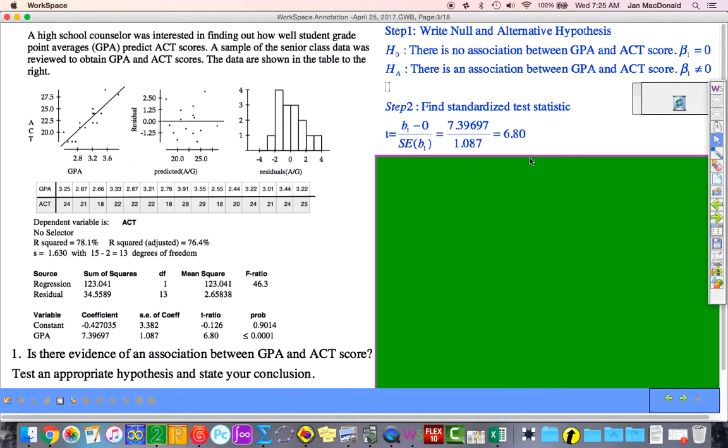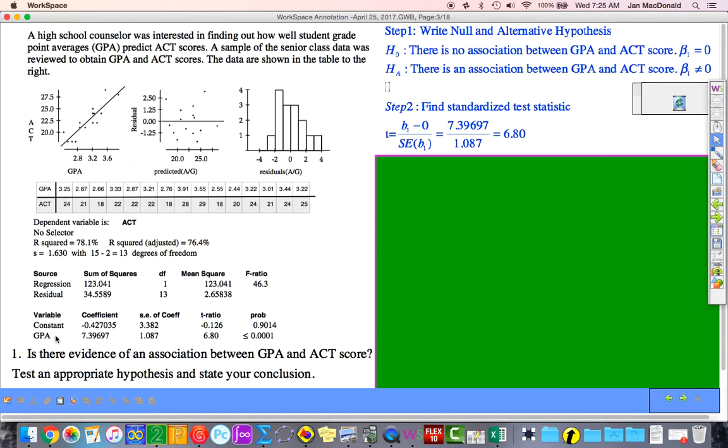And I just wanted to use the formula on your Chapter 27 notes. The formula is B subscript 1, which again is the slope of our sample. The slope of our sample is right here, 7.39697. And we divide that by the standard error of the slope.